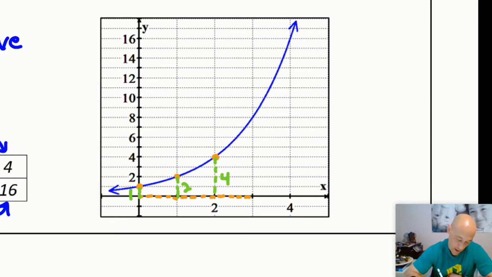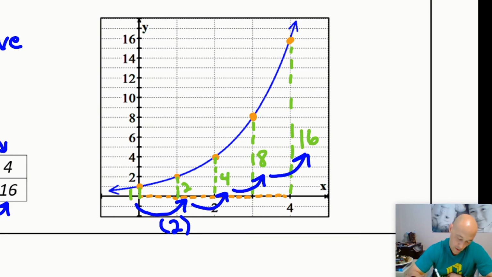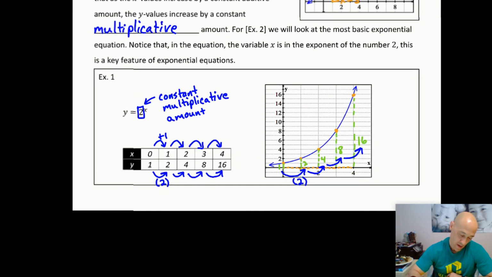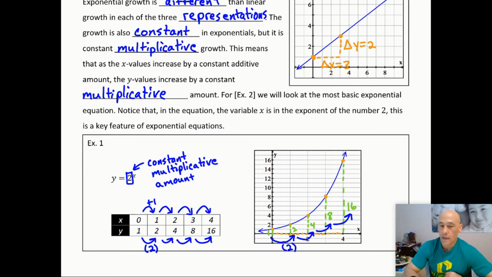And then we go to the right 1 unit, and this distance is 8. Then we go to the right 1 more unit, and this distance is 16. So you can see right here that we are multiplying by 2 each time. And that is exponential growth.